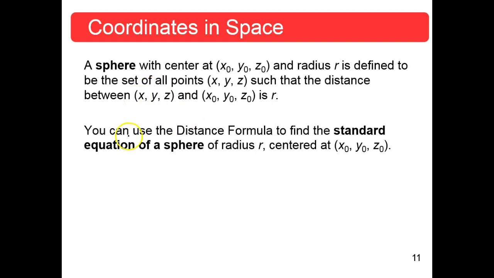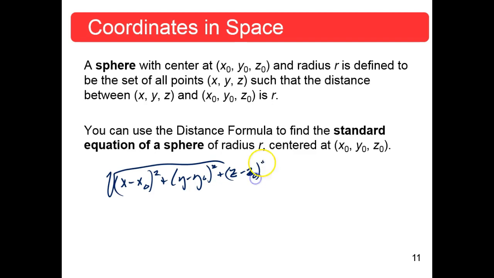The distance formula tells you the distance between those. That would be the square root of x minus x0 squared plus y minus y0 squared plus z minus z0 squared. And that distance is always equal to r. Okay?